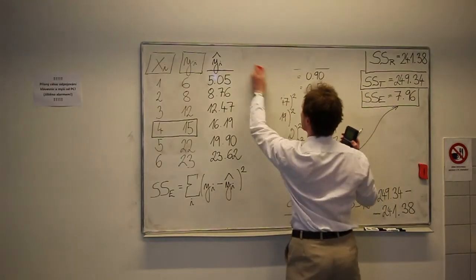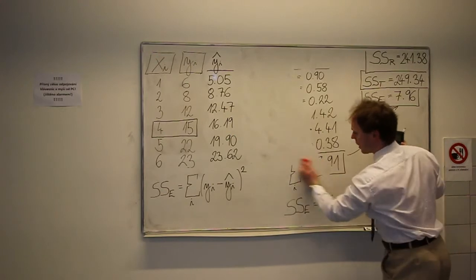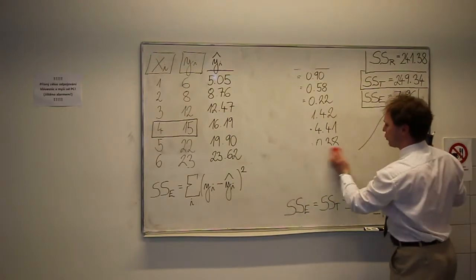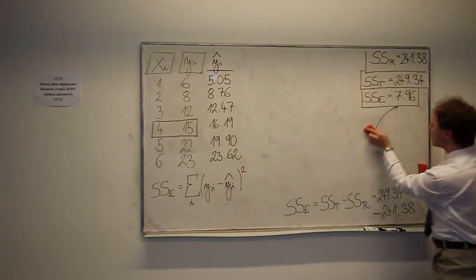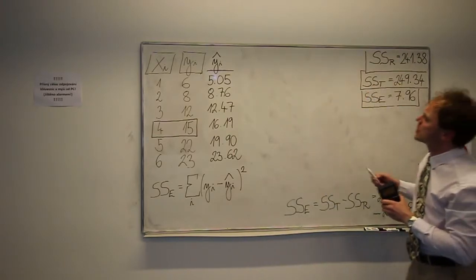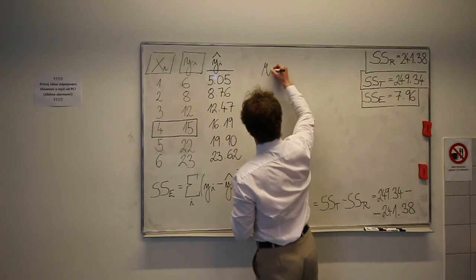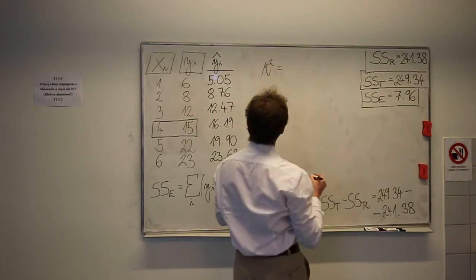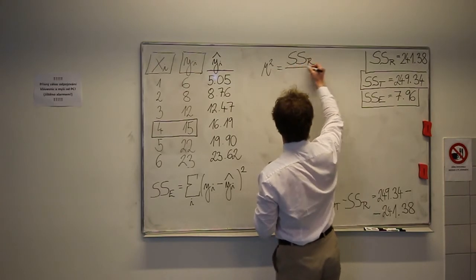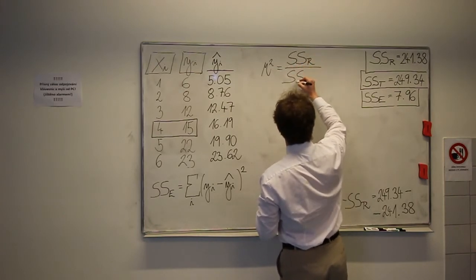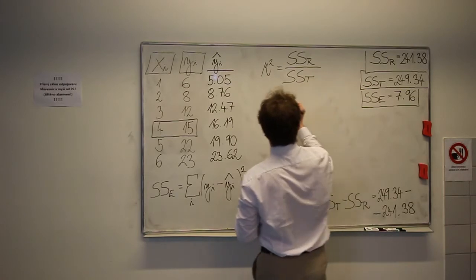So the index of determination, the coefficient of determination, r squared. R squared is calculated as the sum of squares regression divided by the sum of squares total.